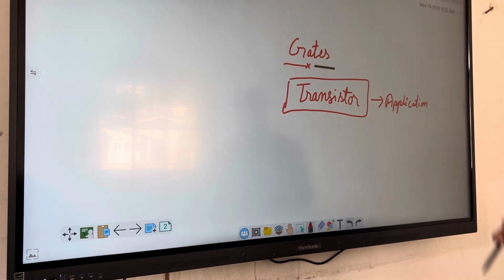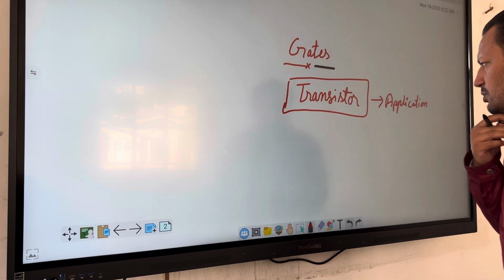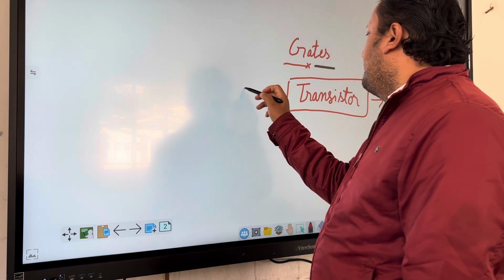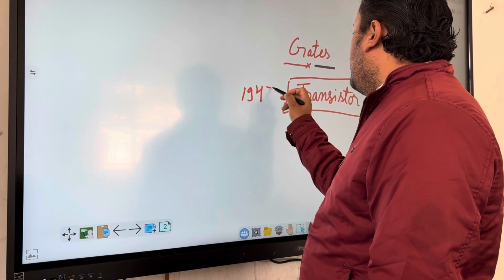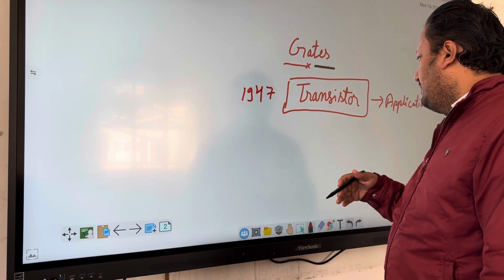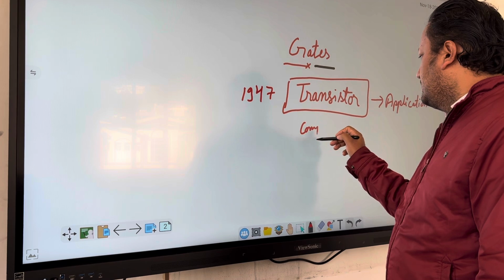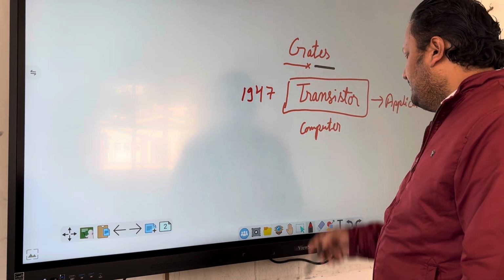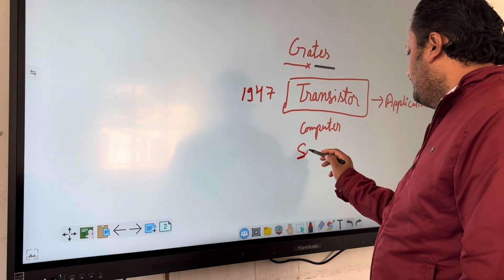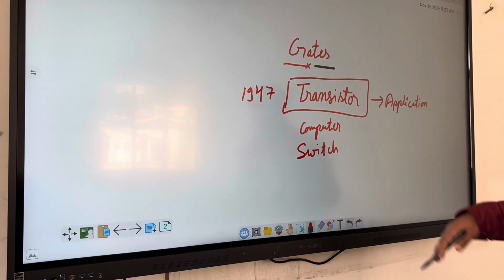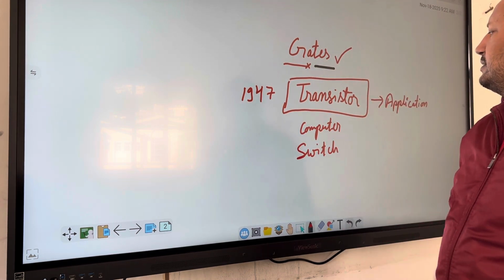Transistor was invented in 1947. What the transistor does in our application, especially in computers, is that it is used as a switch. Why you need a switch, you will understand when you understand gates.